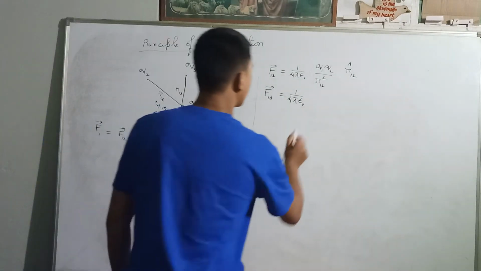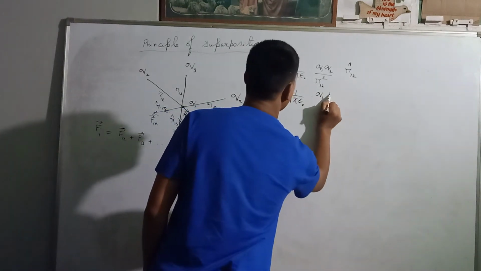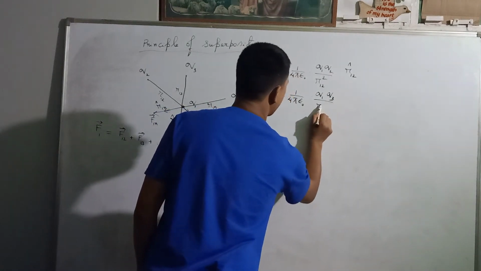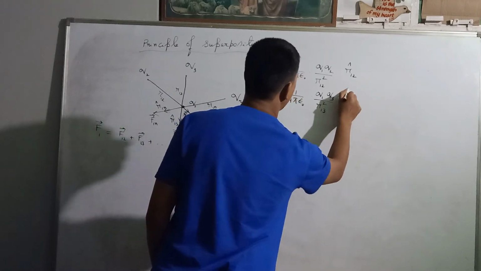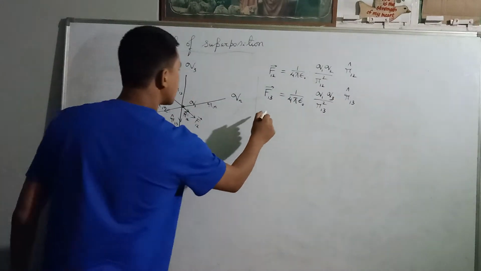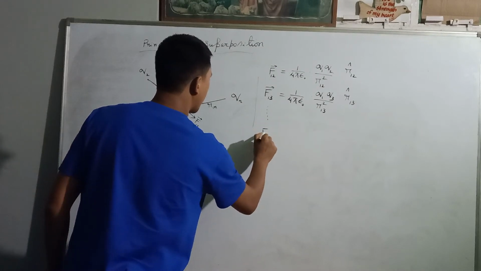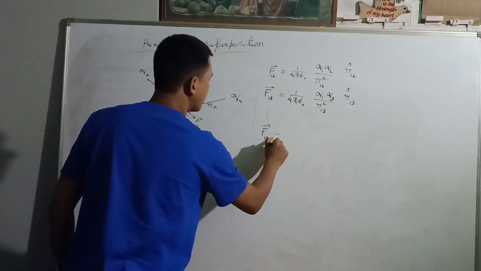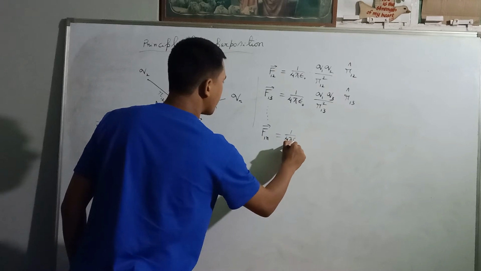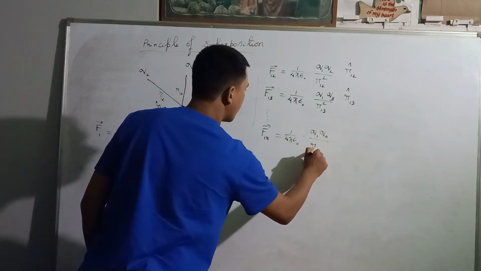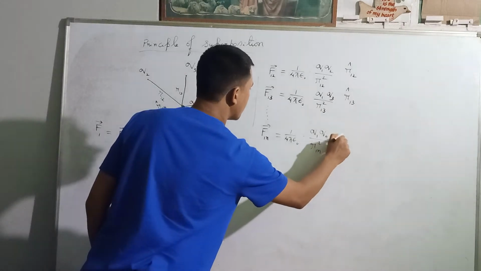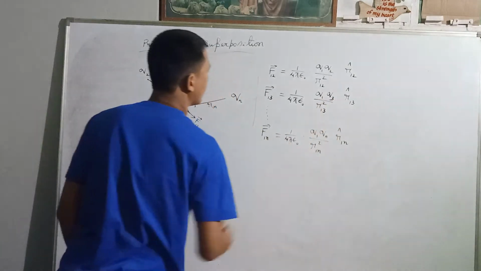Into Q1 Q3 by the square of the distance, R13 square, unit vector R13 cap. And so on. Vector F1n will be 1 by 4 pi epsilon naught into Q1 Qn upon R1n square, unit vector R1n.